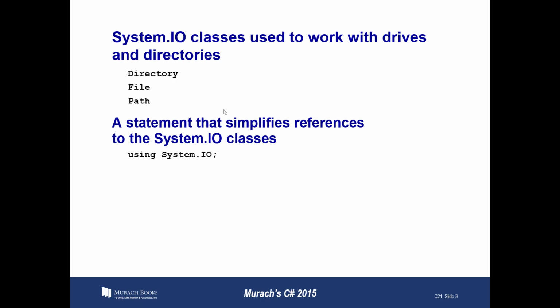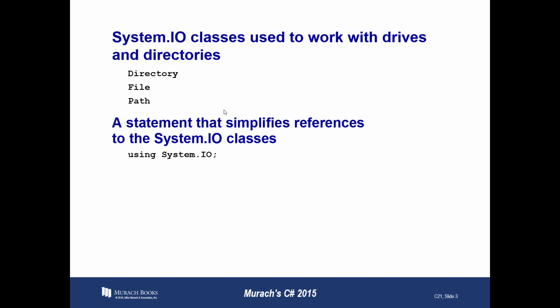System.IO classes are used to work with drives and directories. When you start thinking about working with classes, notice there is a Directory class, which is basically going to be a folder type of structure.